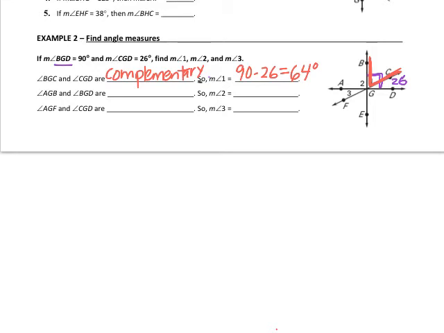Now if we look at angle AGB and BGD, so I'm going to use my black pen for that. So it's going to be AGB, this angle here, and BGD. Now we already know that BGD is 90, so therefore this one has to be 90 as well, doesn't it? Okay, so if there's two 90-degree angles, those are going to add up to 180, and we know that 180-degree angles are called supplementary.